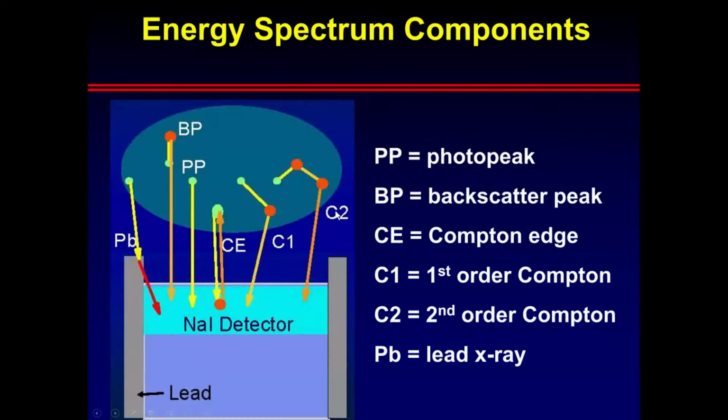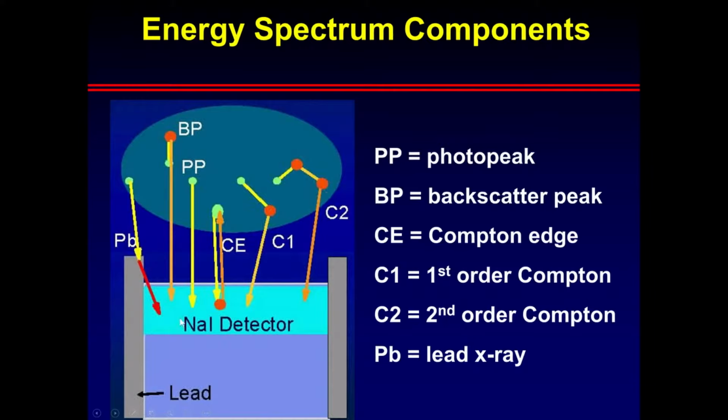Remember that Compton scattering is not our friend. Every time a 140 kV photon is scattered, it loses energy. Even though you need a fair amount of angulation, like 57 degrees, for a Compton scattered photon of technetium to be accepted within the energy window, it still can happen, especially if you have multiple Compton scatters.